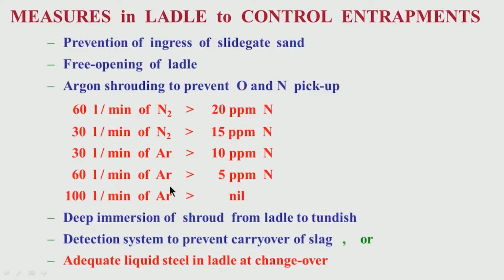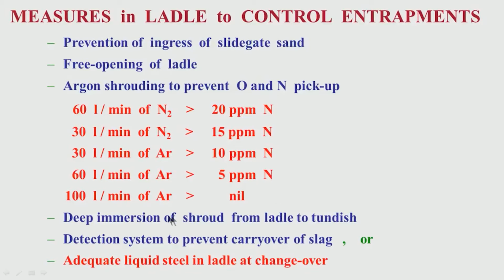If you use less amount of argon, say 30 liter per minute, then maybe 10 ppm of nitrogen pickup, and also there will be oxygen pickup. Nitrogen pickup means also there will be oxygen pickup, because both of these are coming from air. So, 100 liter per minute of argon is necessary to reduce this pickup of nitrogen and oxygen.